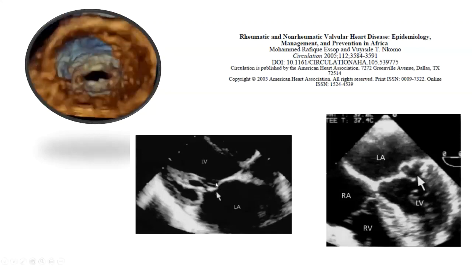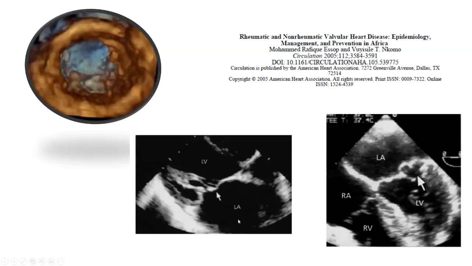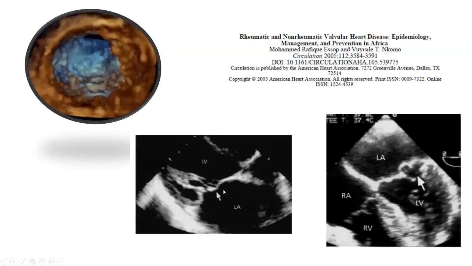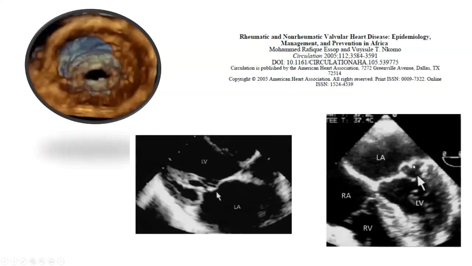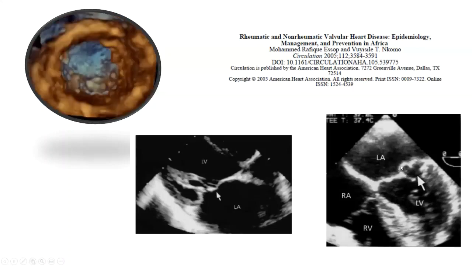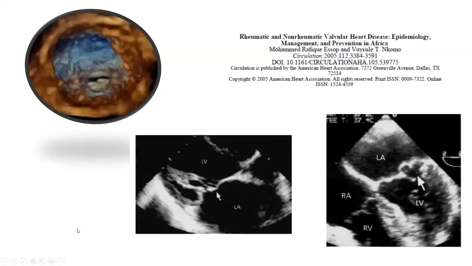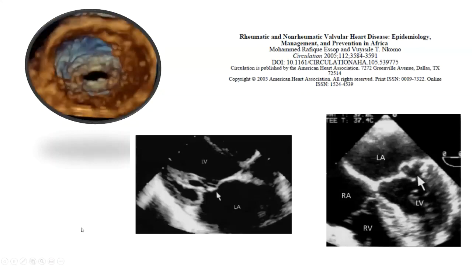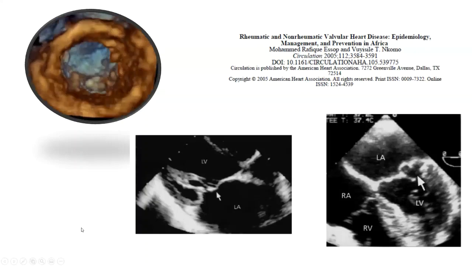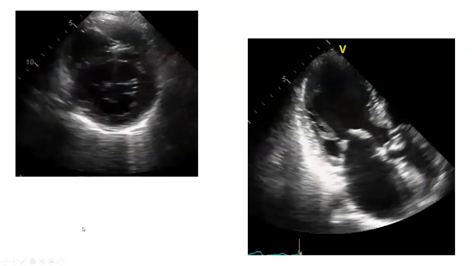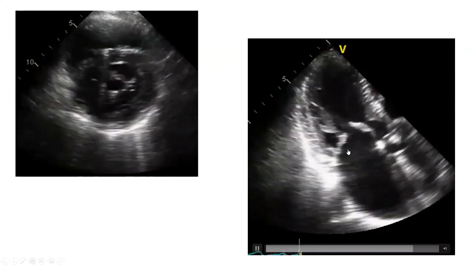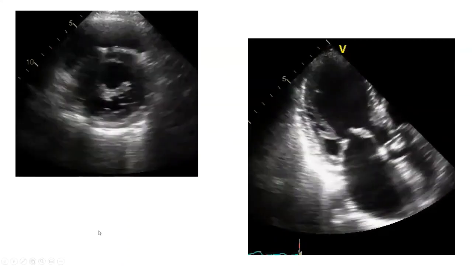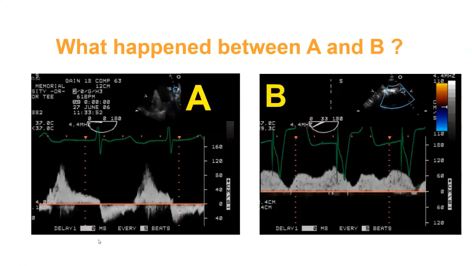Here, the anterior leaflet rides in front of the posterior leaflet, but it's not due to rheumatic disease. This is a more typical leaflet prolapse situation where the posterior leaflet is prolapsing beyond the anterior leaflet. And here's a nice example of rheumatic disease with relative prolapse of the anterior leaflet.